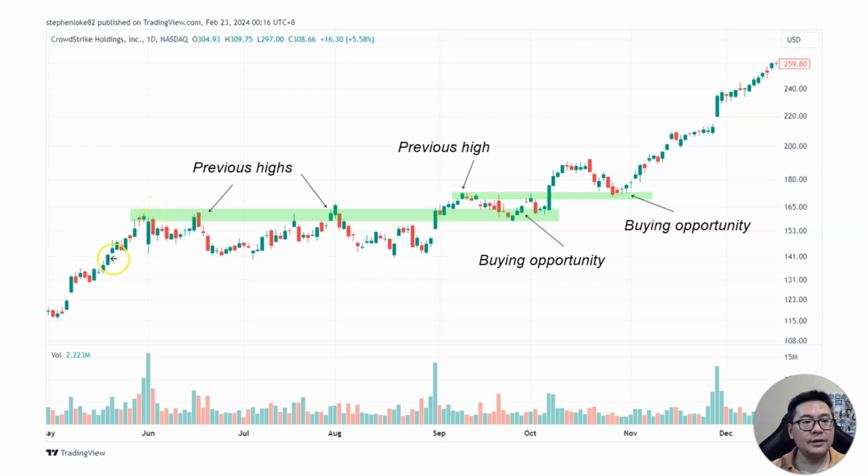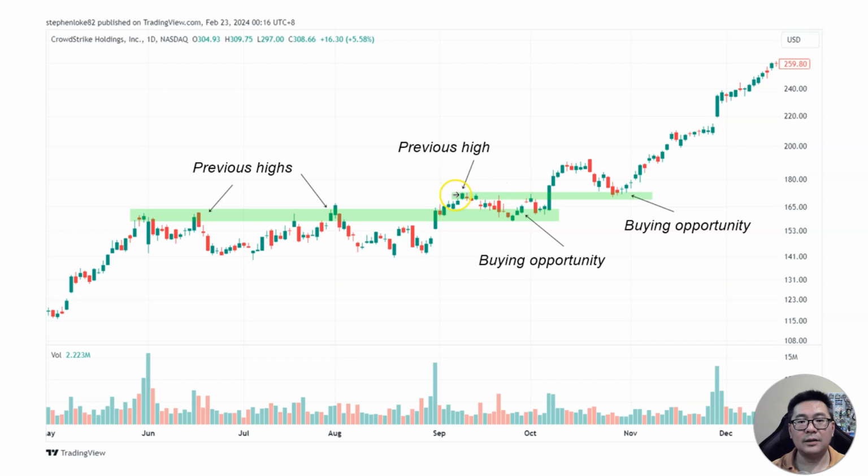CrowdStrike Holdings, this stock had a stubborn resistance area around here, but eventually it broke out. When it broke out, this area became a new support area, and even though it tried to decline, eventually it did not, because there's a nice support area and this could be a buying opportunity. And the stock rose, broke above this previous high, and guess what?